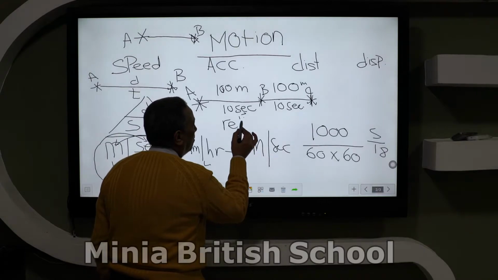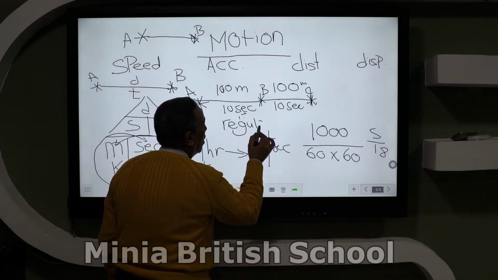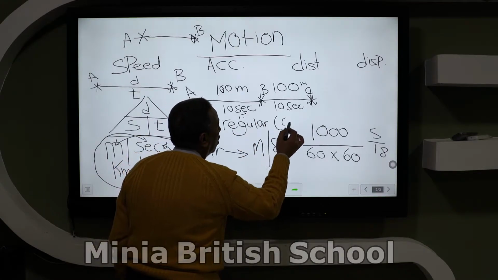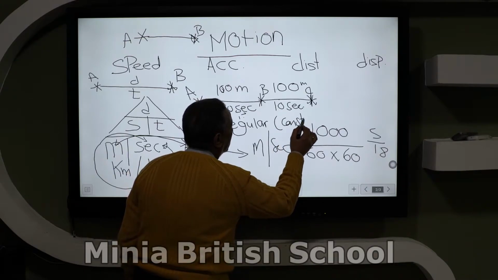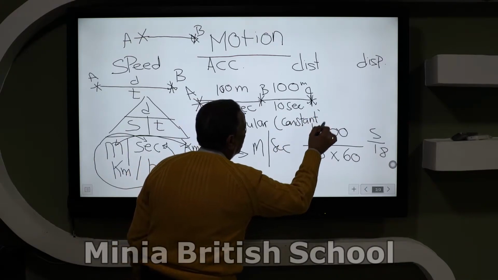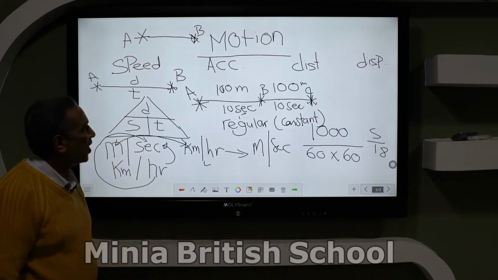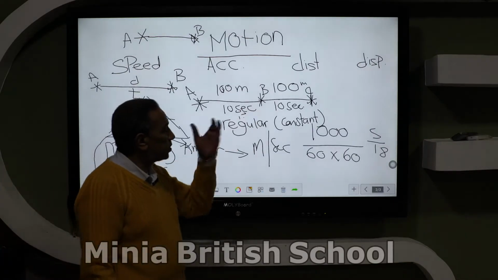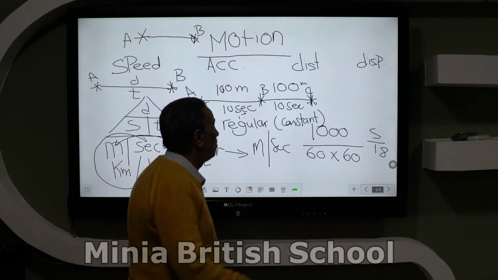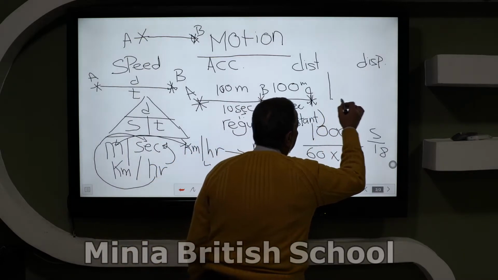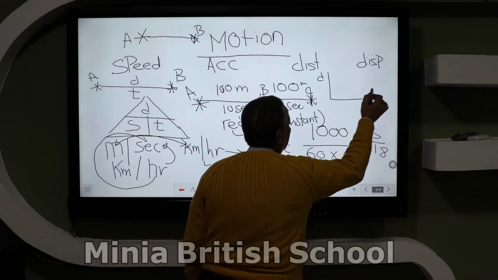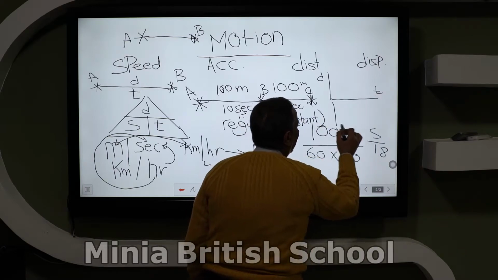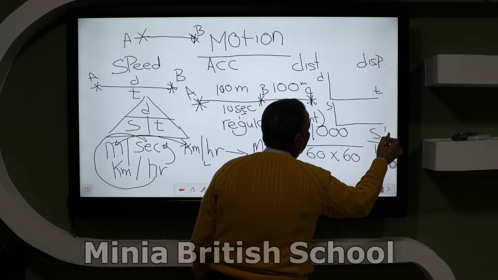This will be regular or constant. Sometimes you will find it called uniform speed. If you have a graph to explain this kind of motion, it will be a relation between distance and time, or between speed and time.